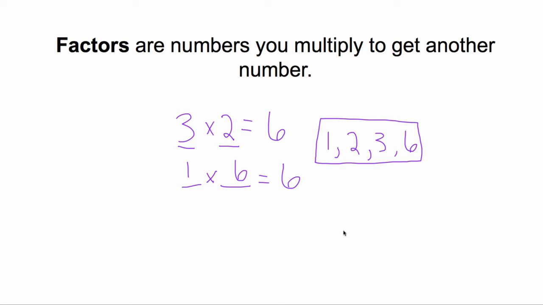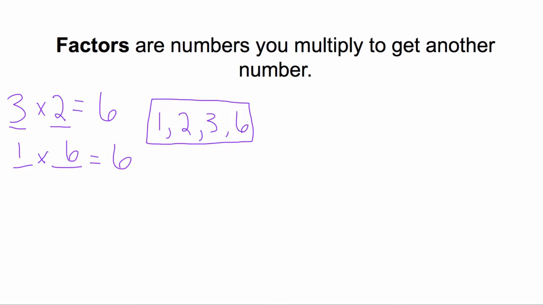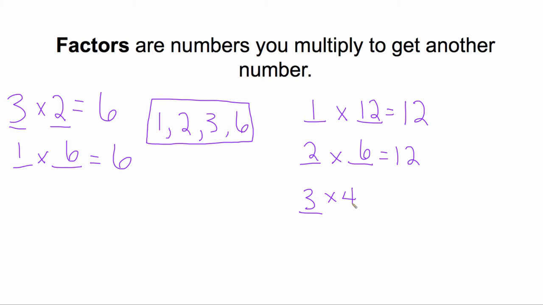Another example we could look at is 12. What times what could give you 12? 1 times anything will give you itself. So 1 times 12 is 12. There's a couple more options that we have. There's 2 times 6, and there's 3 times 4.